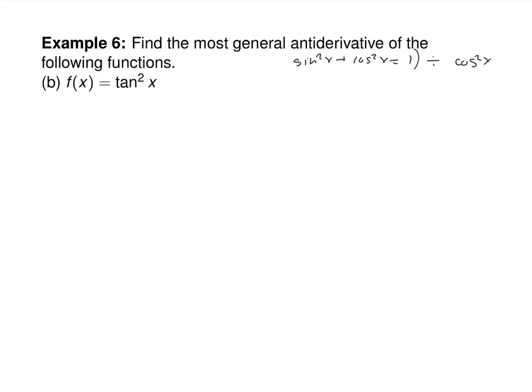And that will make tangent squared x plus 1 equals secant squared. So in my head, I think, okay, tangent squared bad, secant squared good. I can change my tangent squared into secant squared if I know this identity. So what is tan squared equal to? Secant squared x minus 1.